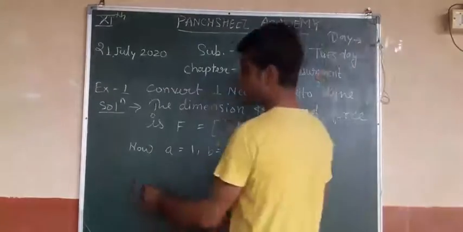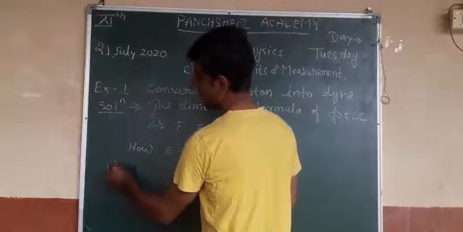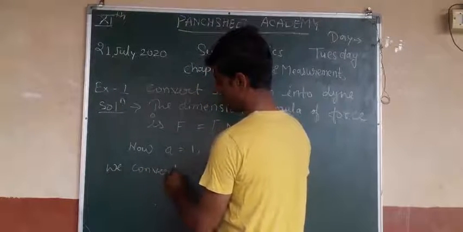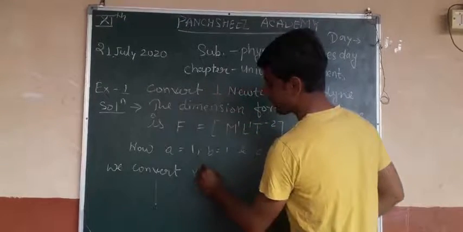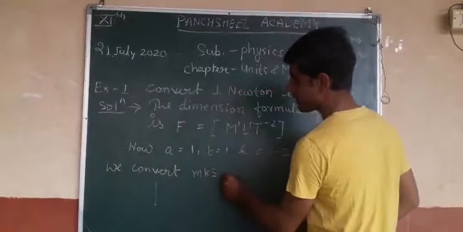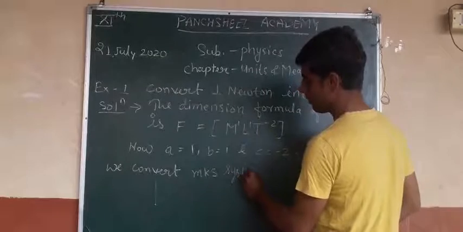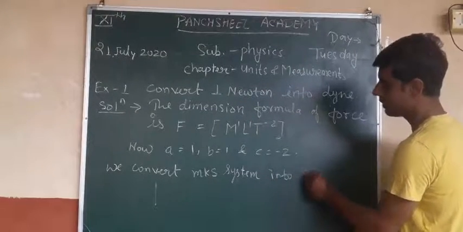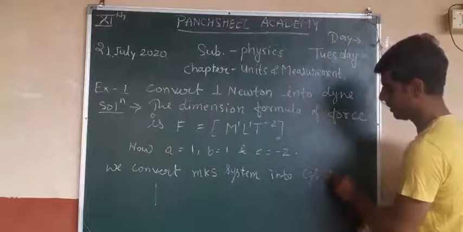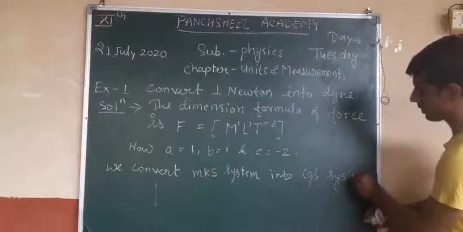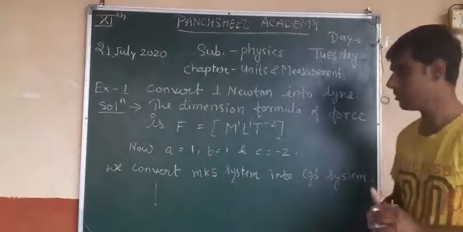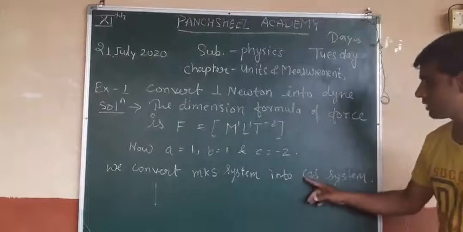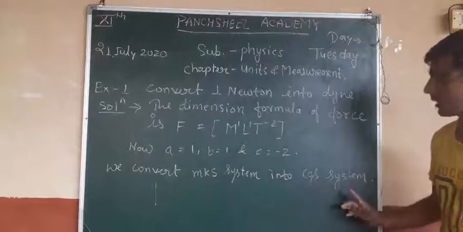Now we want to convert MKS system into CGS system. What is MKS system? Meter, kilogram and second into CGS, centimeter, gram and second.